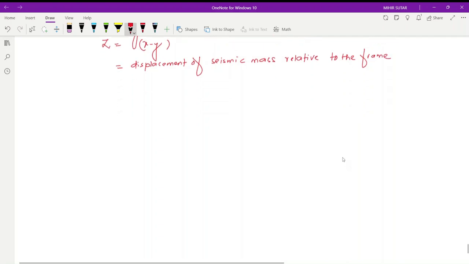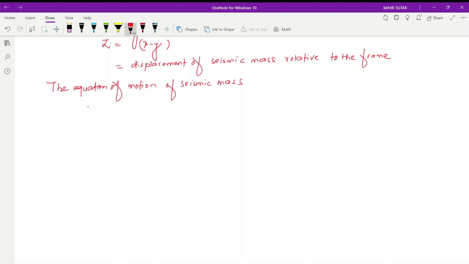Now the equation of motion of the seismic mass can be represented as m x double dot plus c (x dot minus y dot) plus k (x minus y) equal to 0.